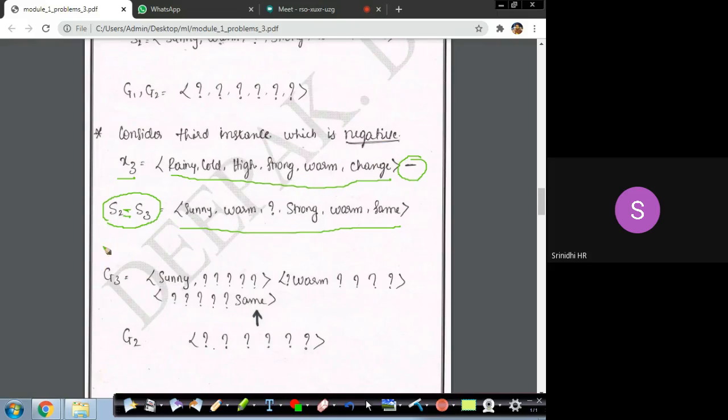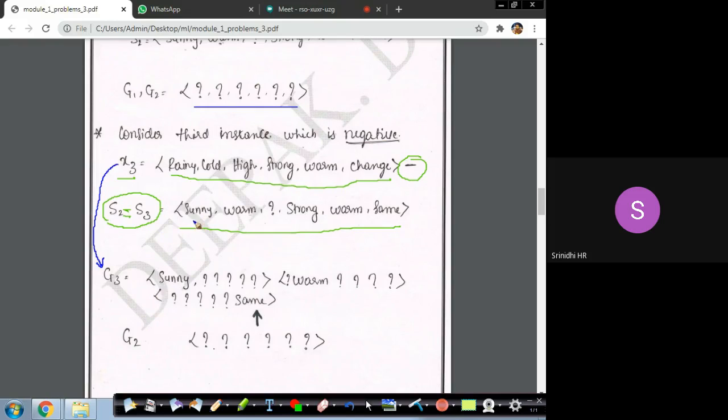Now I'll start updating the general hypothesis. Observe carefully here. Your x3 is this, and you have to update your G3 here. What was my G2 here? All the hypotheses were general. So I'll start updating here.